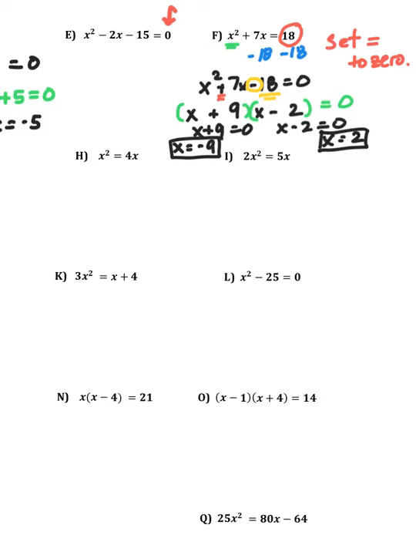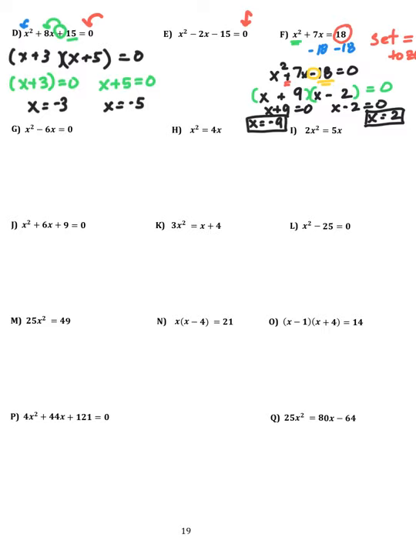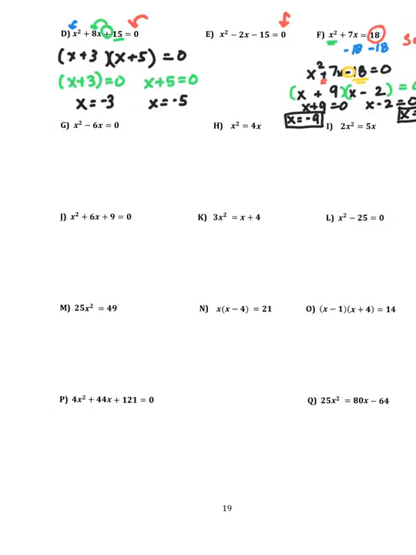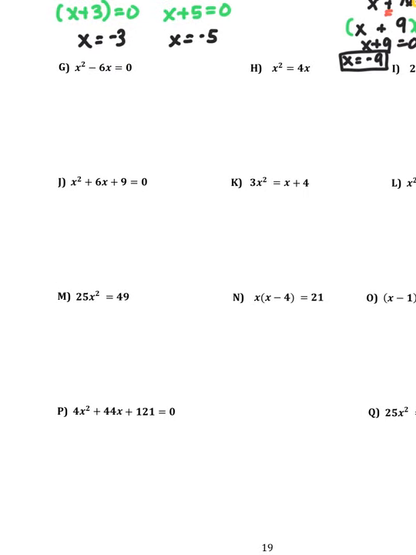All right, great. Let's try one more, and then I'll do a part B for this video as well. Alrighty, letter G. Okay, letter G. It's a quadratic. It's set equal to 0. That's a good thing, which means I can start. This is not a trinomial, it's a binomial.